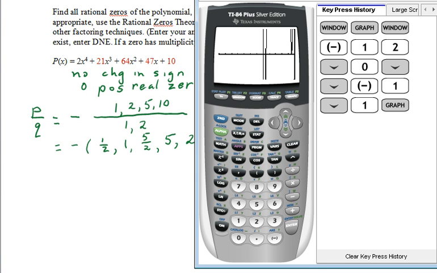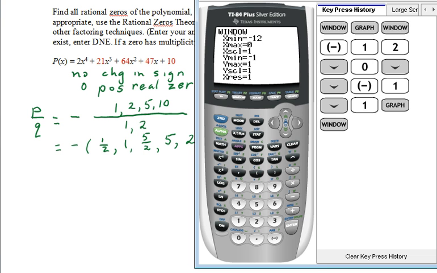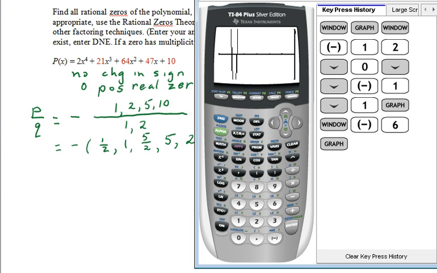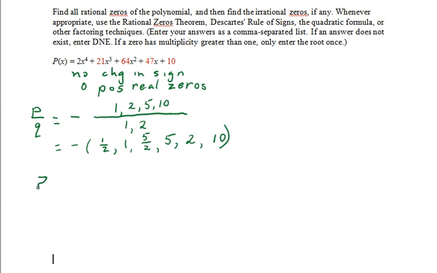Let's bring the x min up a little bit. Let's bring it to -6. So, looking at these zeros, it looks to me as if we may have a root of multiplicity 2 at -1/2.